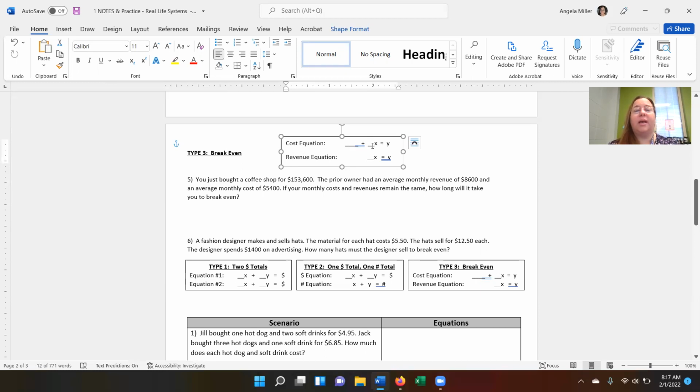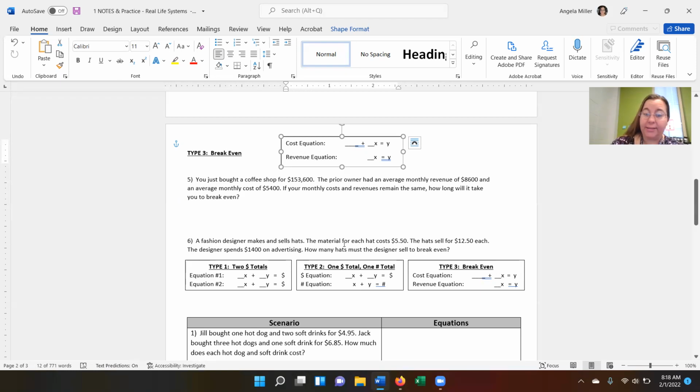So a variable cost is like if I have to purchase material to be able to make an item, then the cost of the material is part of the cost, but it's going to change depending on how many I make, right? Because if I only make one, you're going to see here in a minute, there's material for a hat. If I only make one hat, then it's only going to cost me this $5.50.